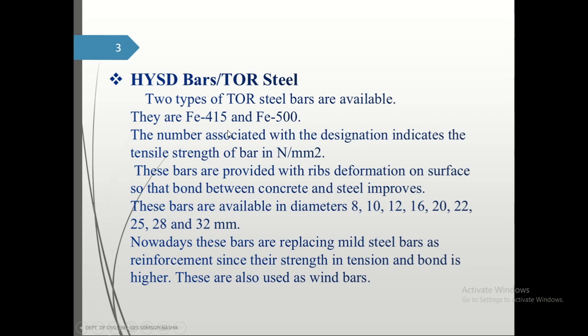These bars are provided with ribs, deformations on the surface, for bond between concrete and steel. They are available in various diameters like 8, 10, 12, 16, 32. These bars are replacing mild steel bars as reinforcement since their strength in tension and bond is higher. They are also used as wind bars.